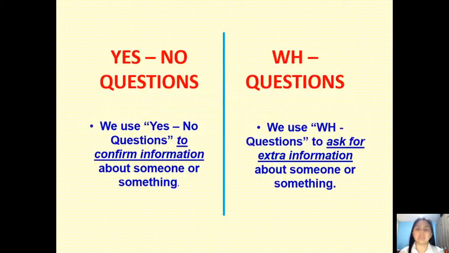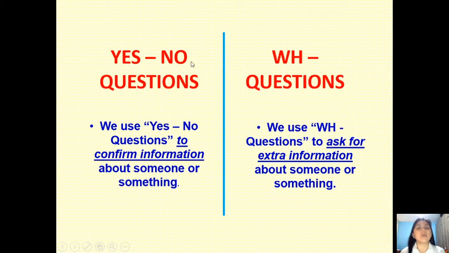Let's check. We have two types of questions. The first one is the yes/no question, and the second one, the WH question. What is the difference between these two questions? We use yes/no questions to confirm or reconfirm information about someone or something.